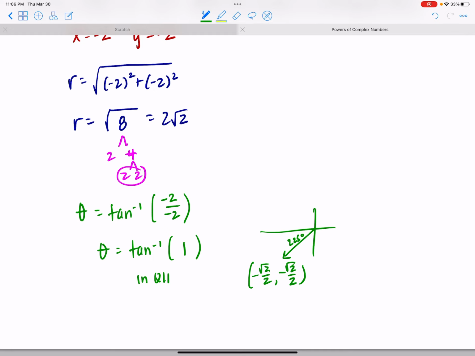So when I divide this y value by this x value, I end up with that tangent of 1. Okay? And so this theta is going to be the 45-degree reference angle in quadrant 3, which means theta is going to be 225 degrees.